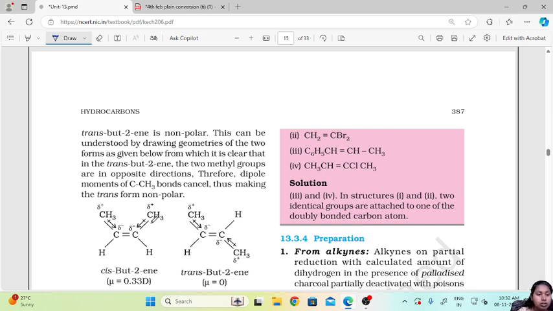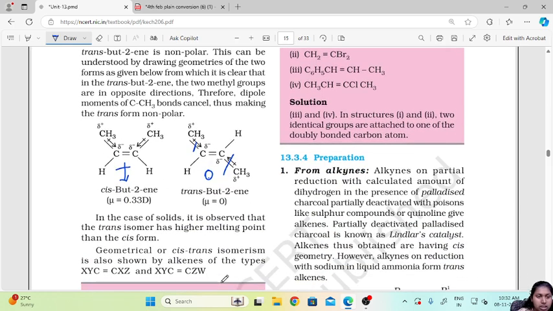Here you can see this is the cis form where both the dipole moments are towards the double bond, so you can get a net polarity, whereas for trans you can see both the polarities are toward the opposite direction. So these two can cancel out and you can get a zero value. Now this is the reason why cis-butene is considered to be polar whereas trans-butene is considered to be non-polar.